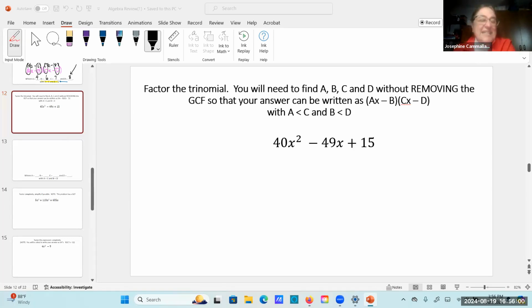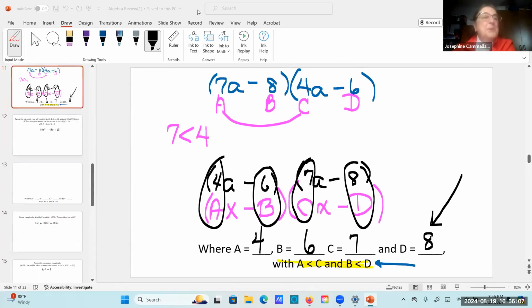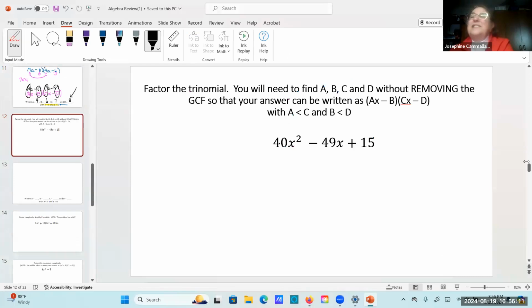Who's going to get it? I moved the slide. Who's going to get it?